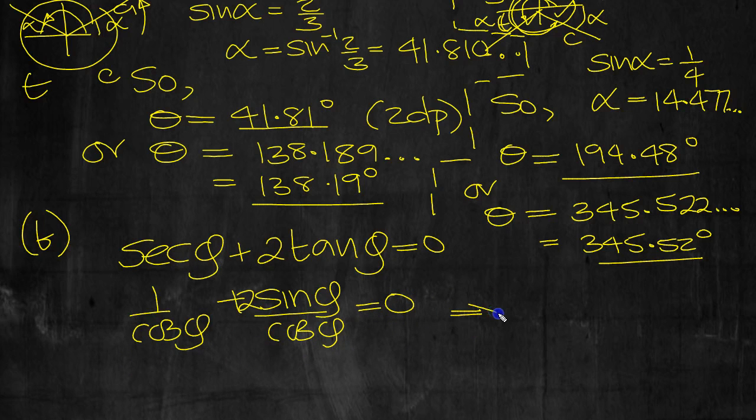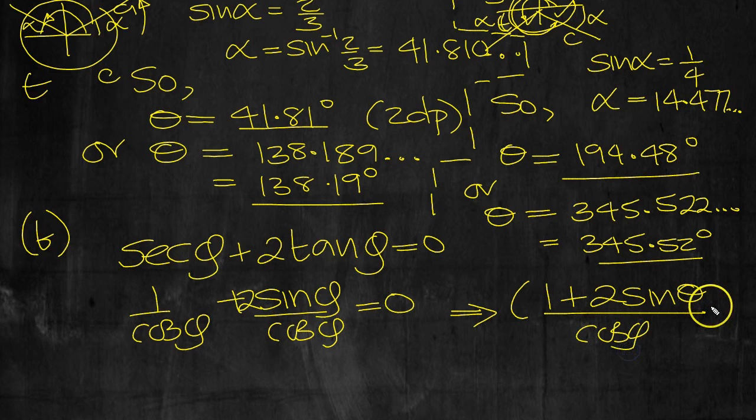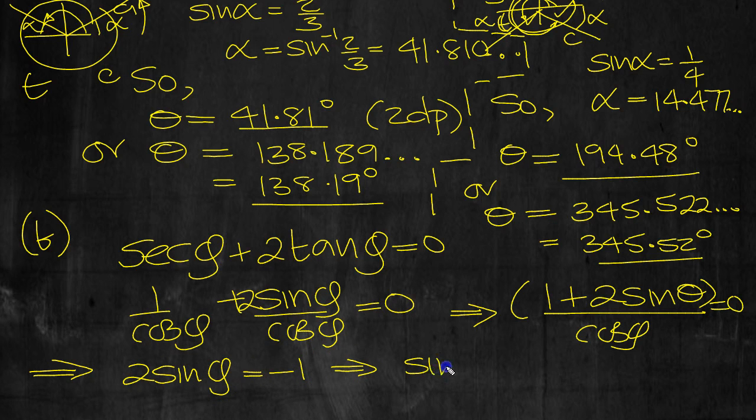So that tells us then, what have we got here? We've got 1 plus 2 sine phi over cosine phi equals 0. So that equals 0 when 2 sine phi must equal minus 1, mustn't it? So sine phi is equal to minus 1/2.